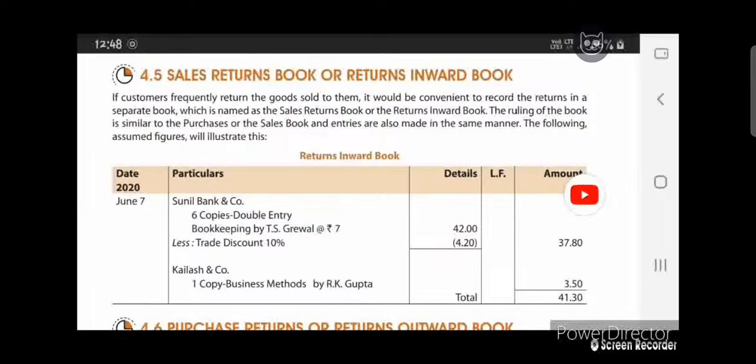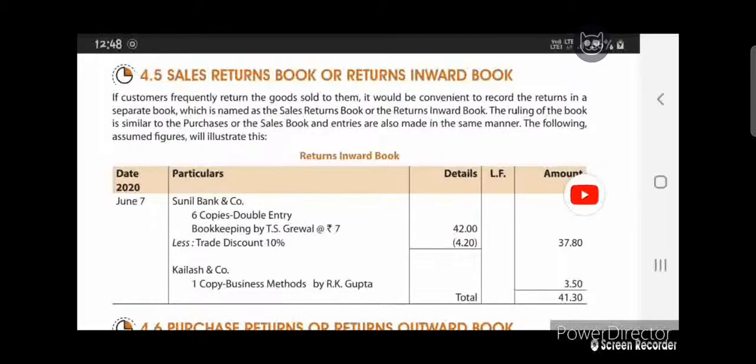If customers frequently return the goods sold to them, if a customer who buys goods from us continuously returns them during a year, it would be convenient to record the returns in a separate book. It will make it easy to understand how much the customer has returned and how much we gave to them.